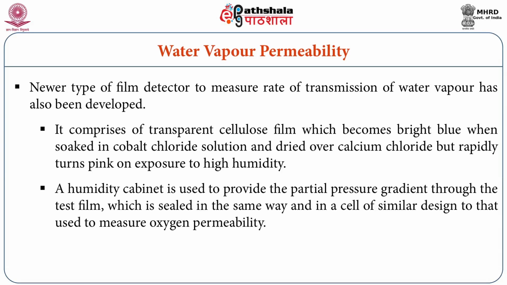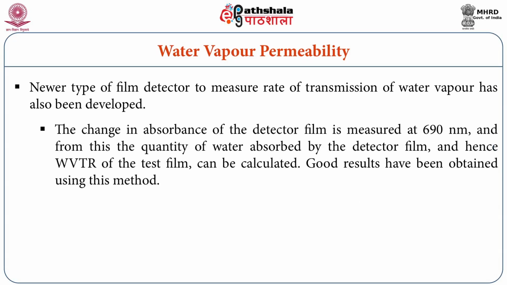A humidity cabinet is used to provide the partial pressure gradient through the test film, which is sealed in the same way and in a shell of similar design to that used to measure oxygen permeability. The change in absorbance of the detector film is measured at 690 nanometers, and from this the quantity of water absorbed by the detector film, and hence the WVTR of the test film, can be calculated. Good results have been obtained using this method.